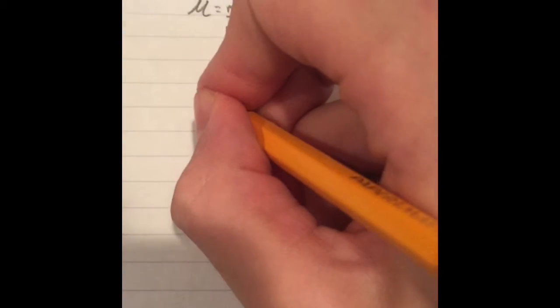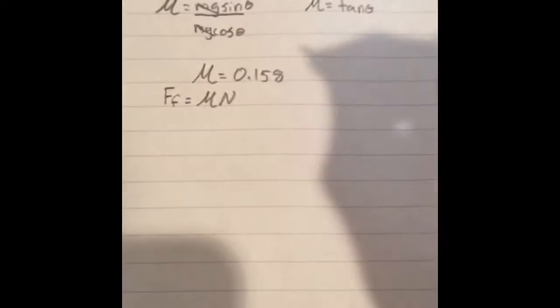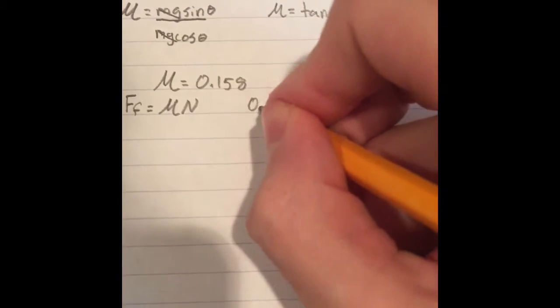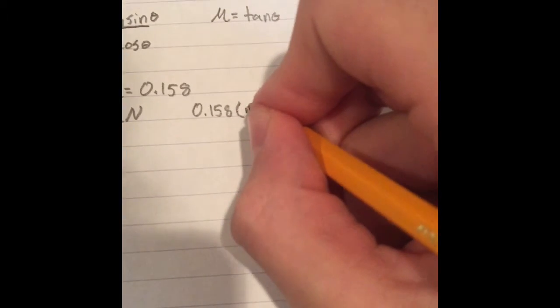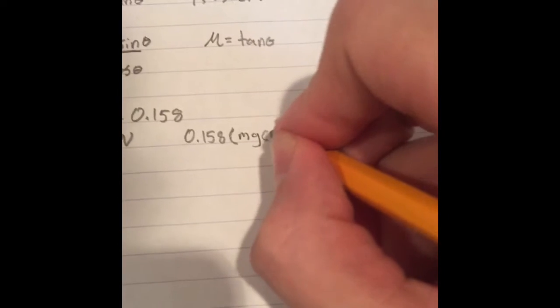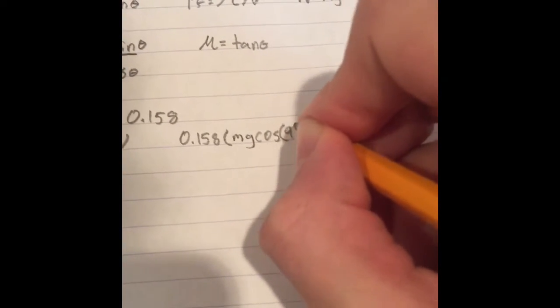0.158. Now to find the frictional force in general, that is mu times the normal force, as said before, so that is 0.158 times mg cos of 9 degrees.